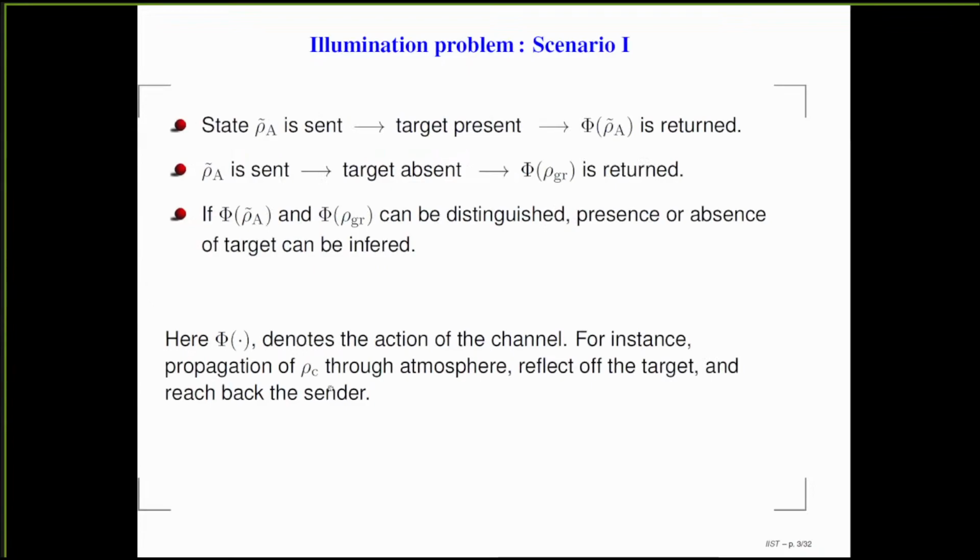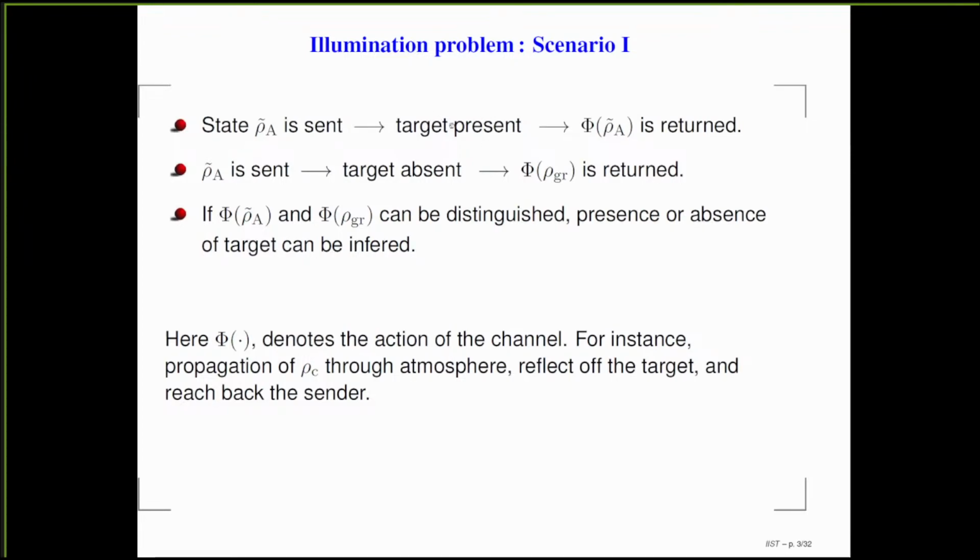Okay, so this is the illumination problem. Imagine a state rho tilde A is sent. Your light is sent, and you describe that light through a density matrix, say rho tilde A. You want to know the presence or absence of a target. So you assume that some target was present.